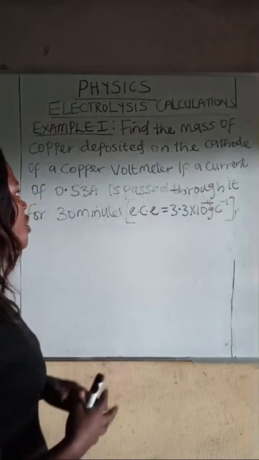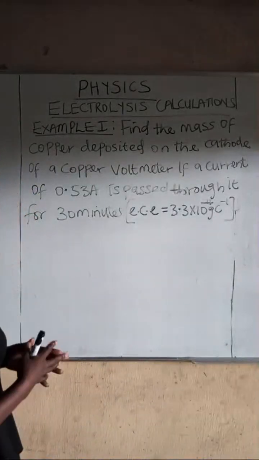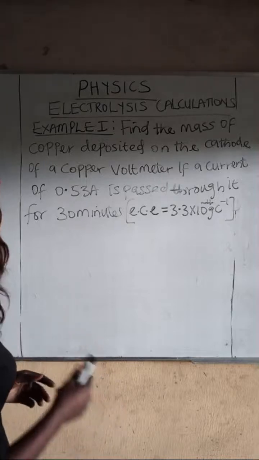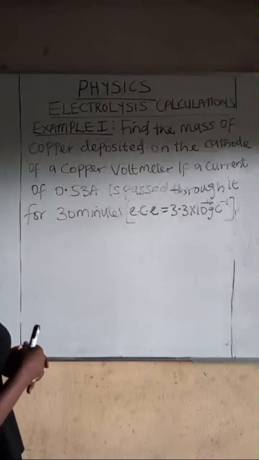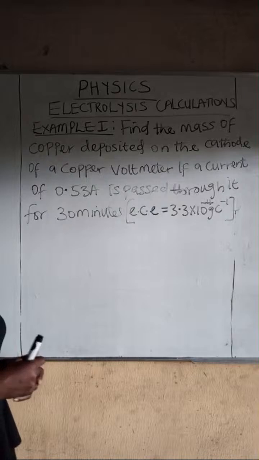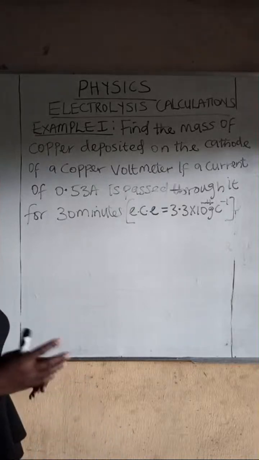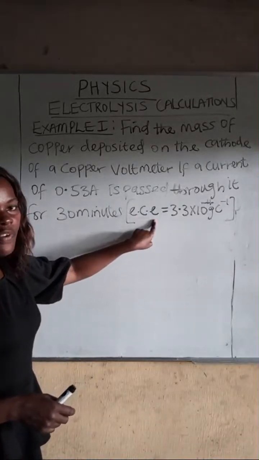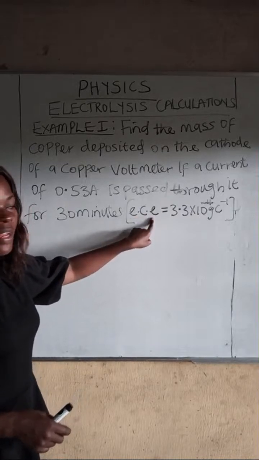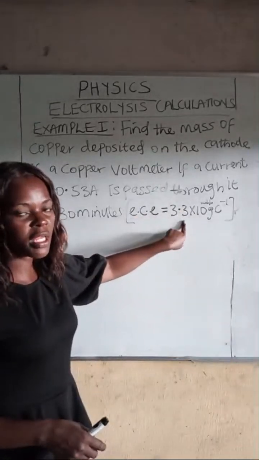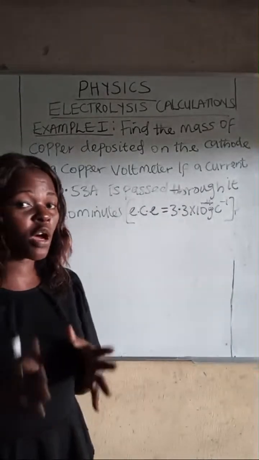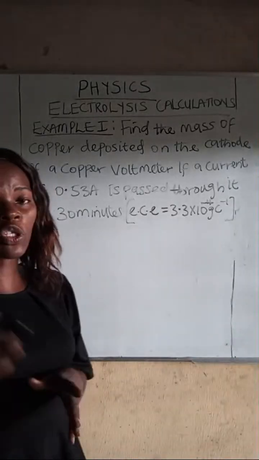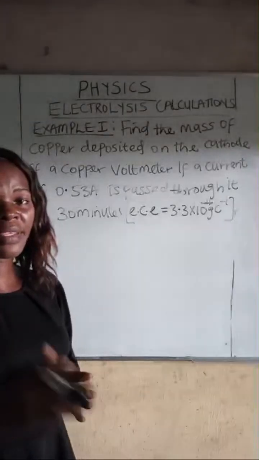All right. Find the mass of copper deposited on the cathode of a copper voltameter if a current of 0.53 amperes is passed through it for 30 minutes. And from the question, we are given the electrochemical equivalent to be 3.3 times 10 raised to the power of minus 4 grams per coulomb. Now, for us to be able to solve for the mass, we are going to state our parameters given.